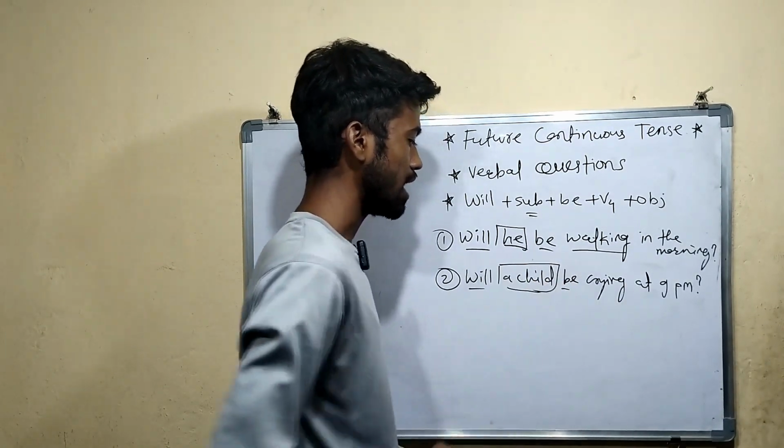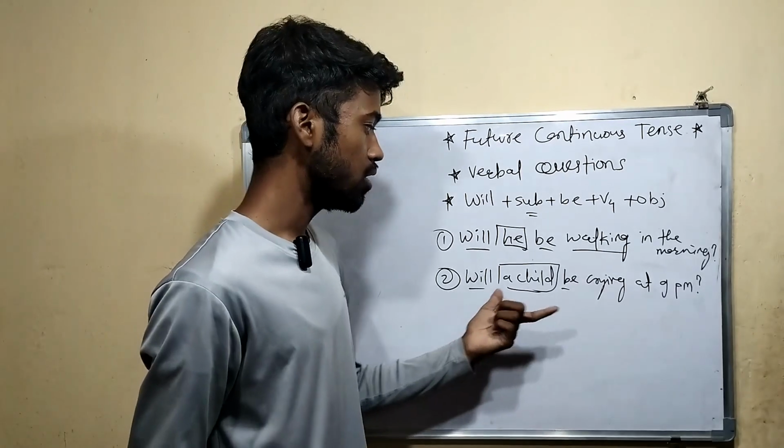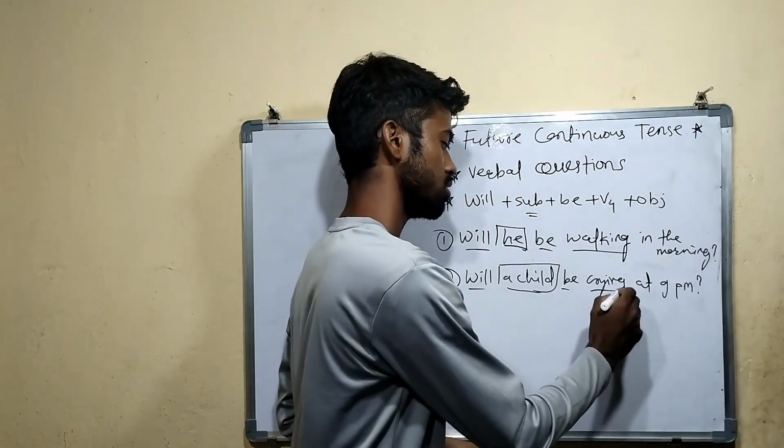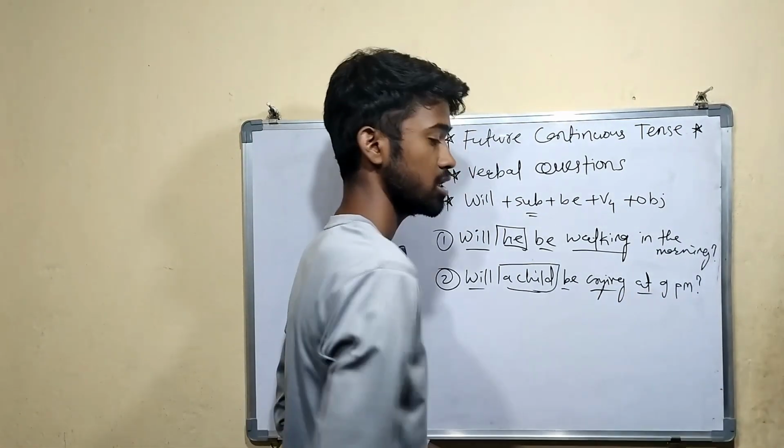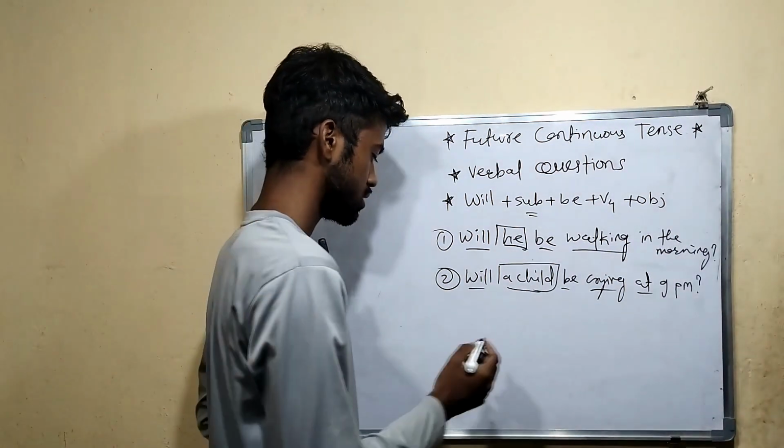So the subject a child is in between will and be. The remaining part is the verb and the object. This is the second example.